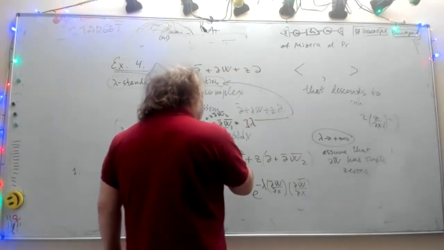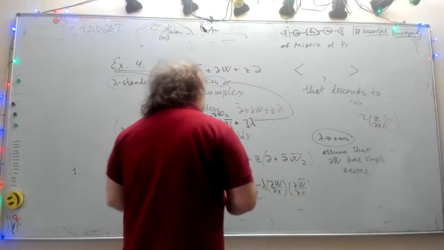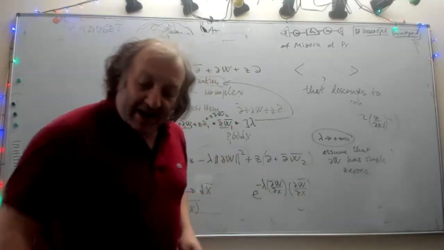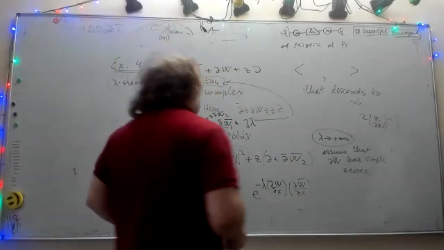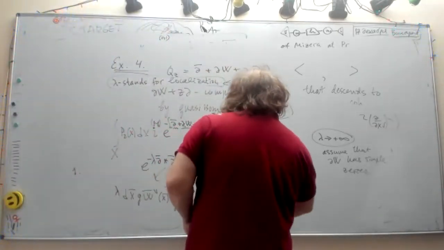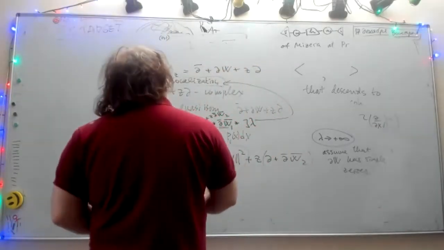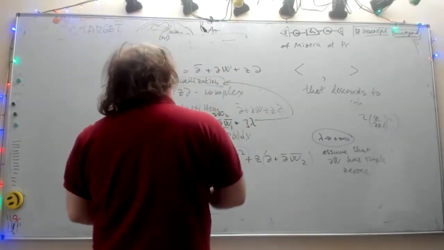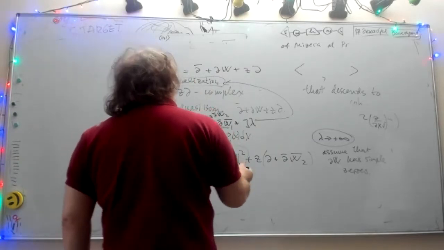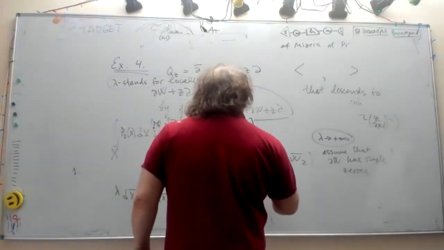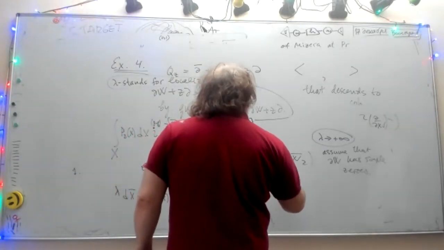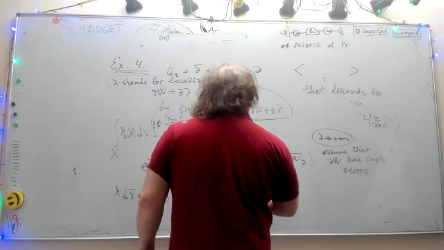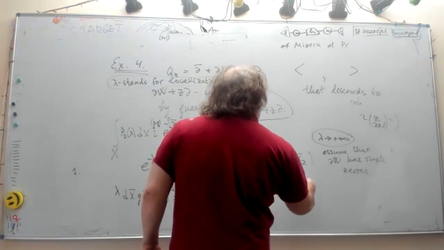I need to study quadratic approximation. So here I have dw. In quadratic approximation, dw is 0, so I have to study the second derivative of w, second derivative of w bar times x x bar.